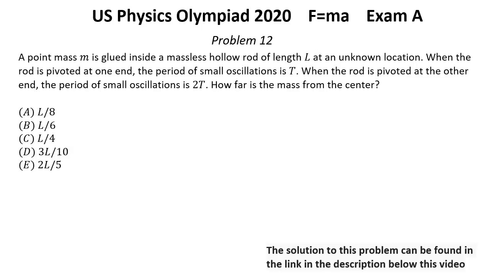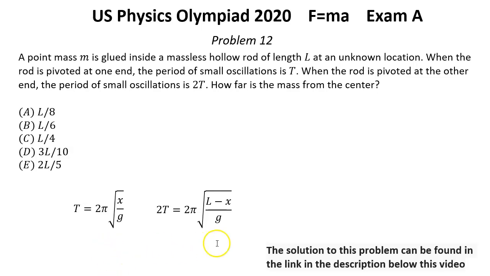Suppose that the distance from one end is x. So it means that the period for this location is 2 pi multiplied by square root of x over g. If we pivot it at the other end, we have 2T equal to 2 pi multiplied by square root of L minus x over g.